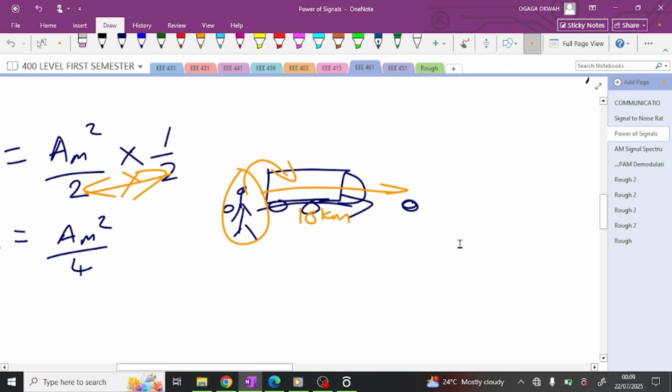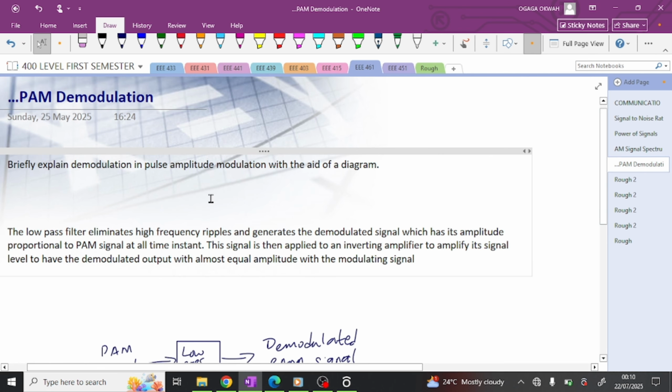Encoding our message signal is modulation, the process where we encode the message signal into either the frequency or the angle, that's the phase, or the amplitude. Then demodulation is to get back our message signal. That's the basic idea, and we're asked to explain it and also use a diagram.